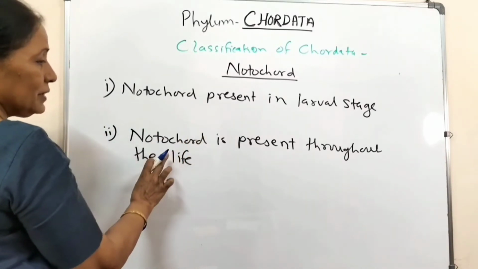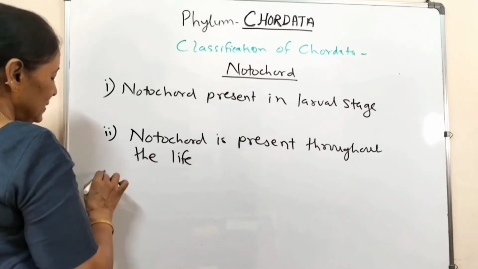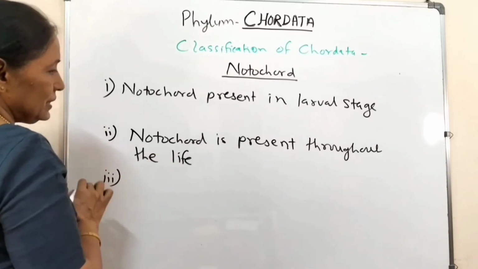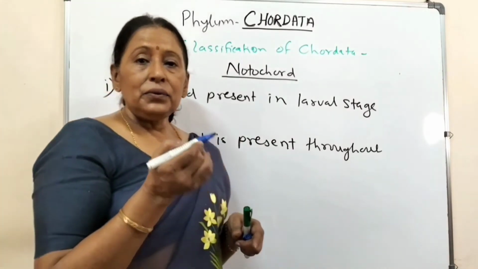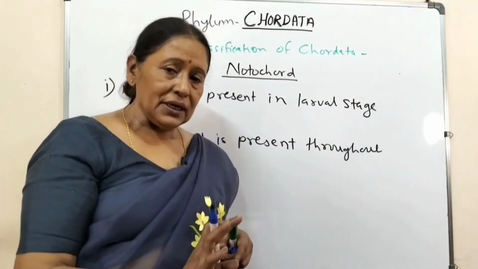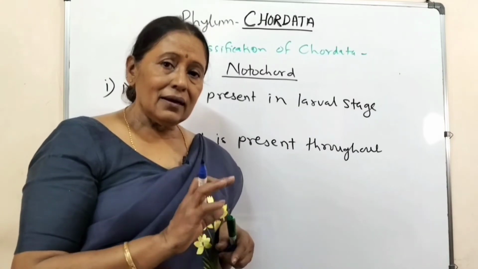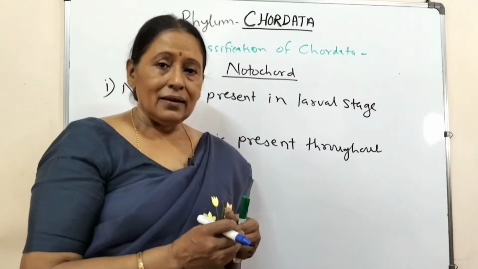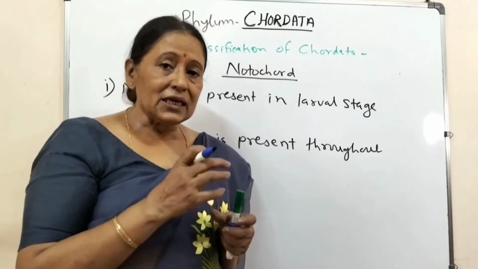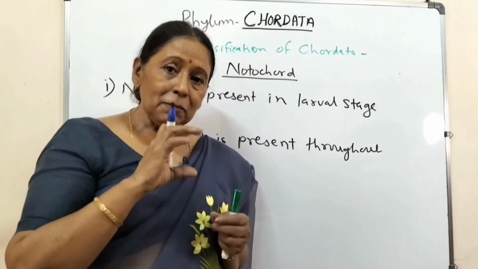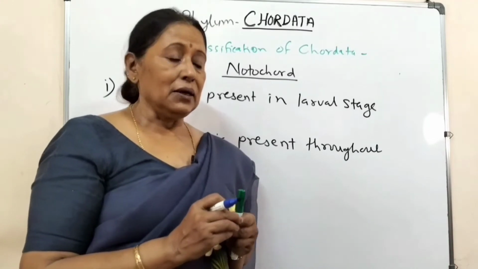Here it is present throughout the life, whether it is the larval stage or the mature condition. And in the third case, notochord is present during embryonic condition, but then it is replaced. It itself does not change. It is replaced by the vertebral column.